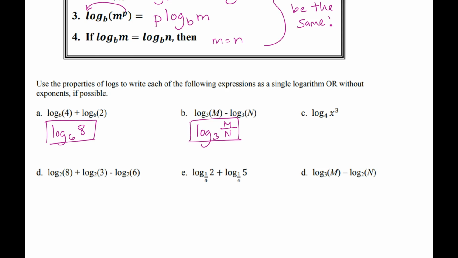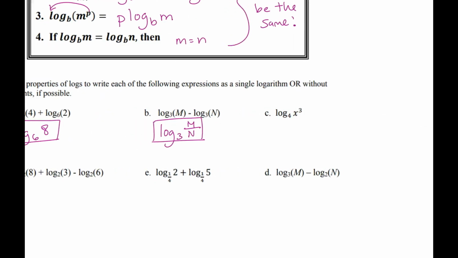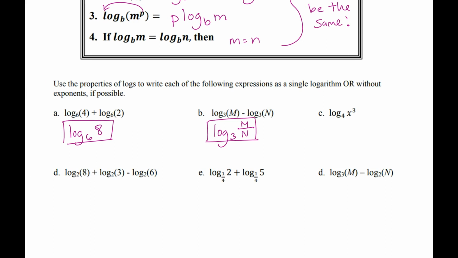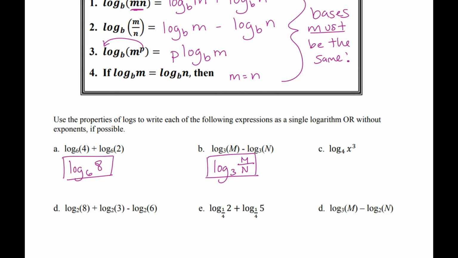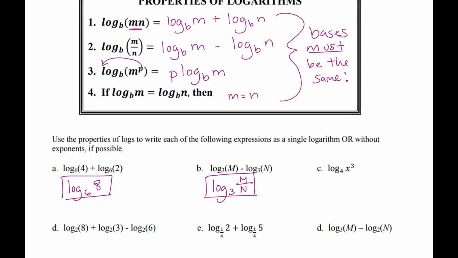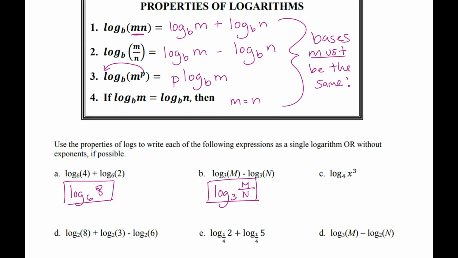How can this be simplified some more? What did the 3rd rule say to do? Do 3 log. Good. The 3 comes in the front. 3 log base 4 of x.